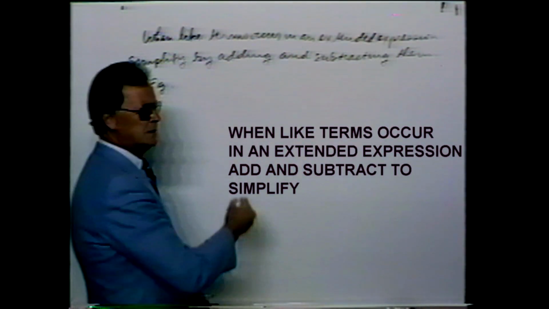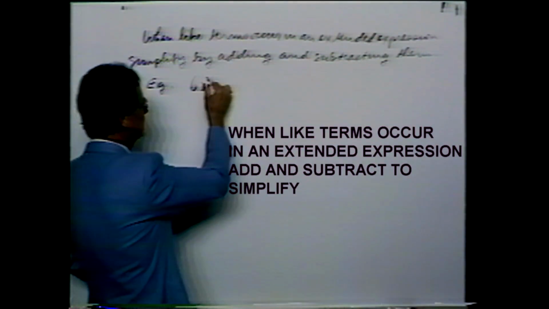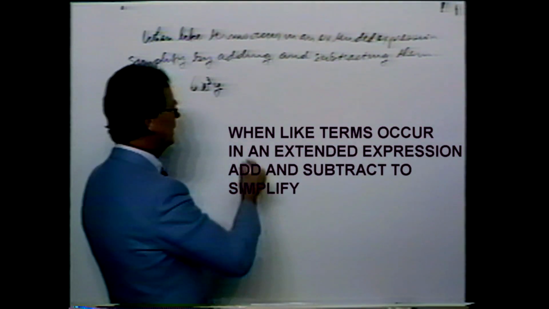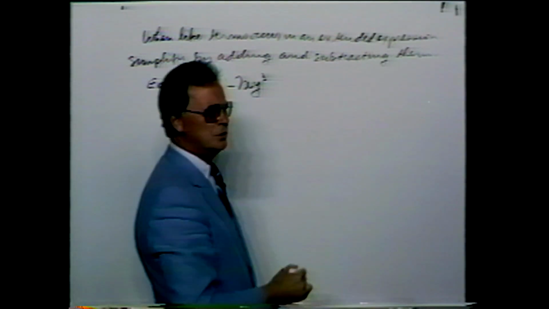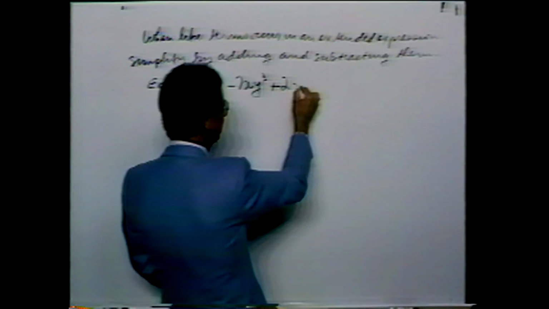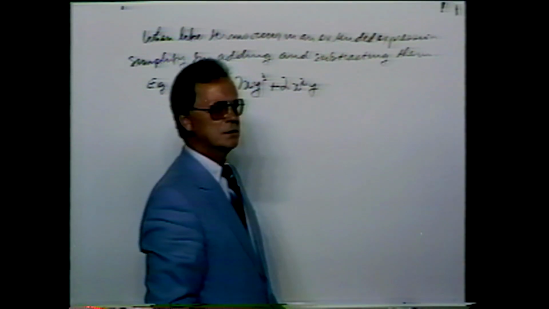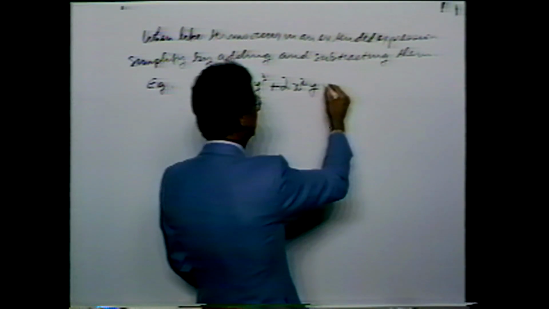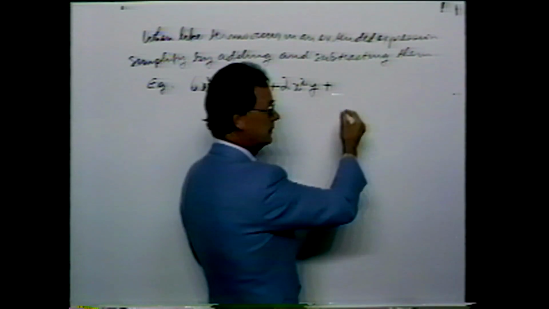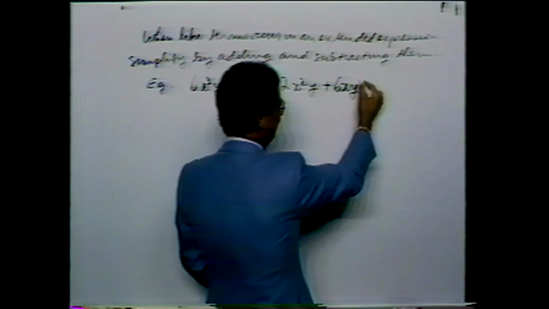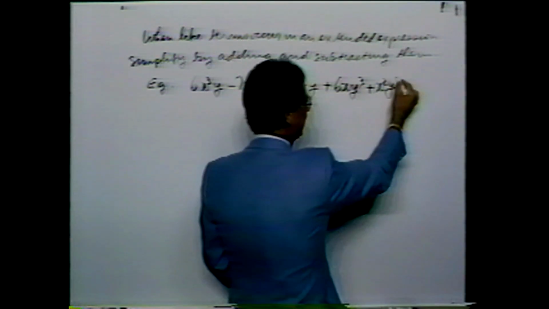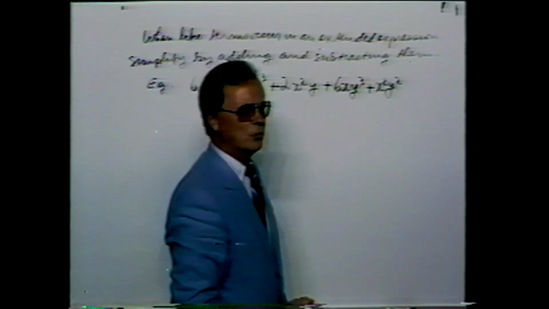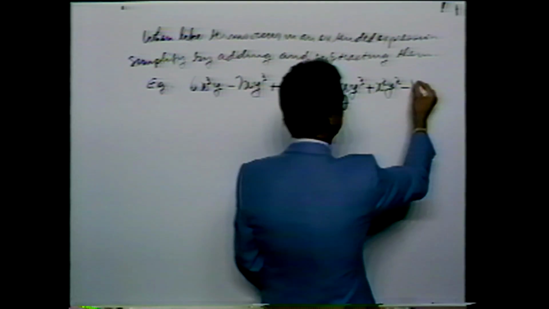For example, 6x cubed y minus 7xy cubed plus 2x squared y plus 6xy cubed plus x squared y squared and minus 4x cubed y.